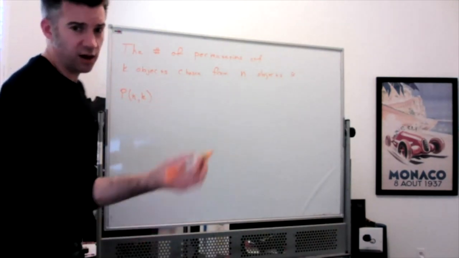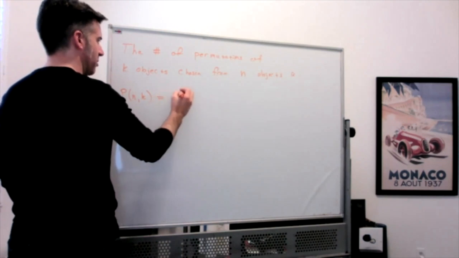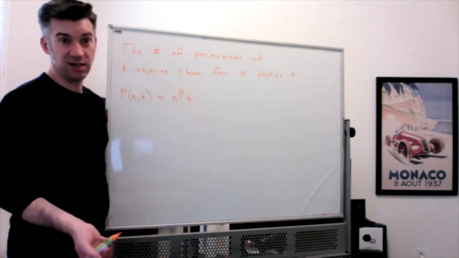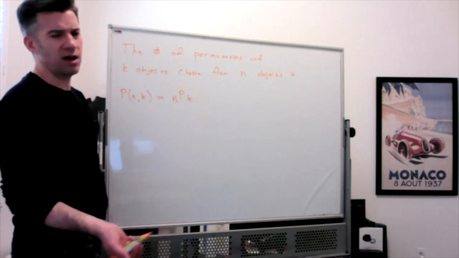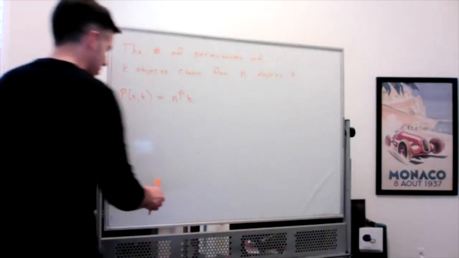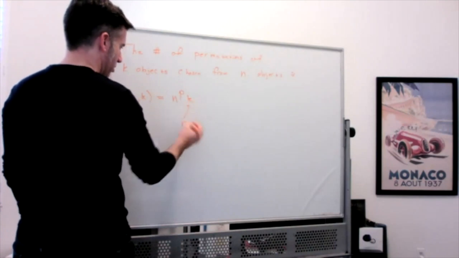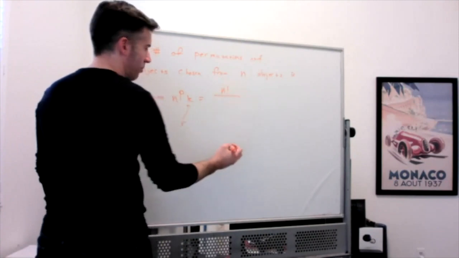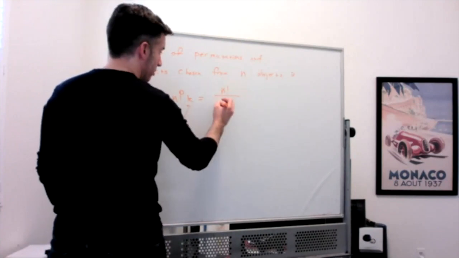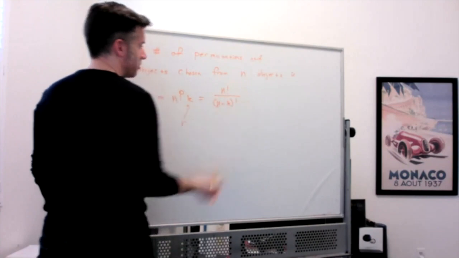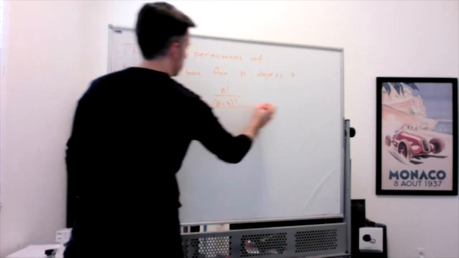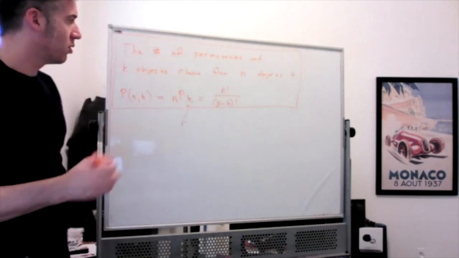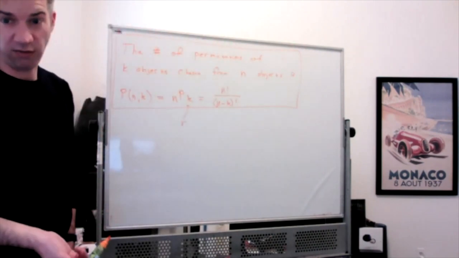A lot of calculators have it written as nPr. K or R, that could also be an R if you prefer. It's n factorial divided by n minus k factorial. Or if it was R, it would be n factorial divided by n minus r factorial.